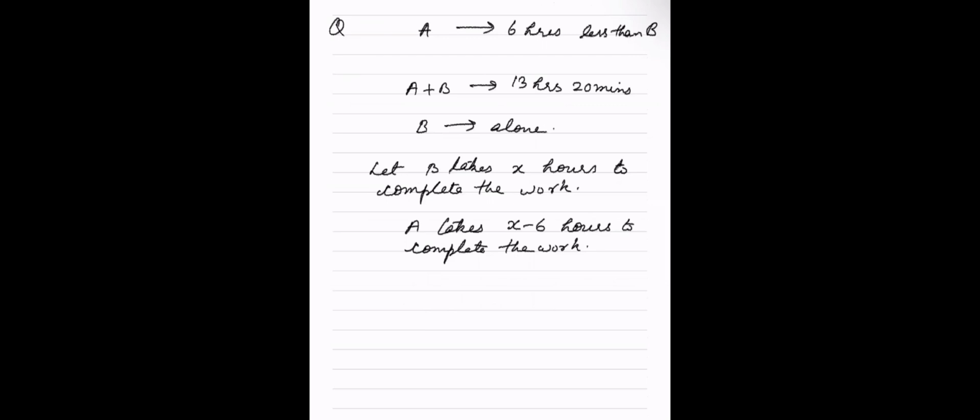Yes, ma'am. So first you write that. What is the meaning of 13 hours, 20 minutes? You either convert into minutes or convert into hours, okay? Because now it's a mix of hours and minutes. So 13 hours 20 minutes can be written as 13 and 20 by 60.